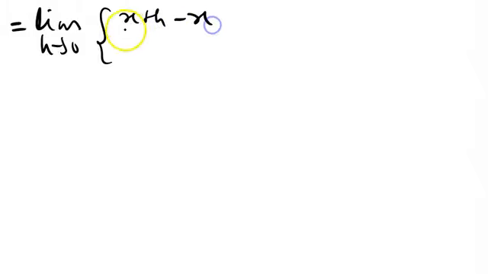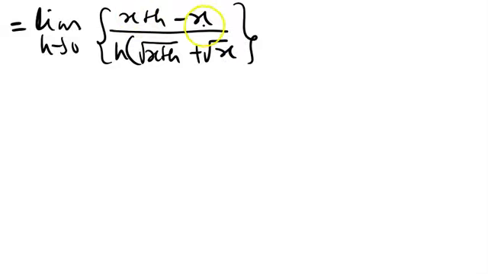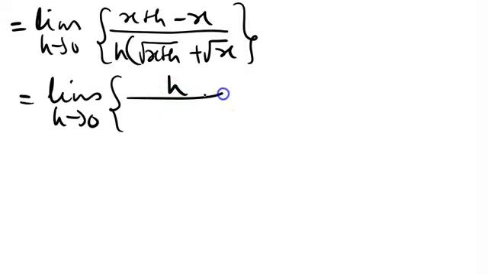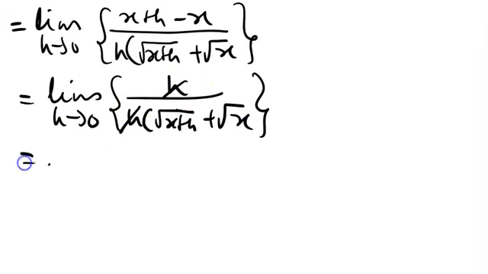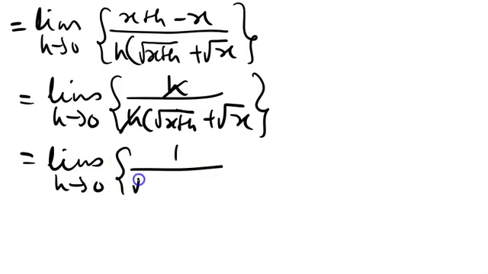This is equal to the limit as h tends to 0 of x plus h minus x over h times square root of x plus h plus root x. So x minus x will go to 0. We have h over h times square root of x plus h plus root x. This h will cancel, so that we have the limit as h tends to 0 of 1 over square root of x plus h plus root x.